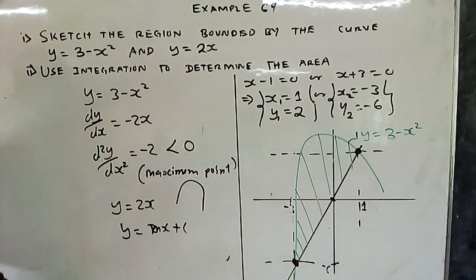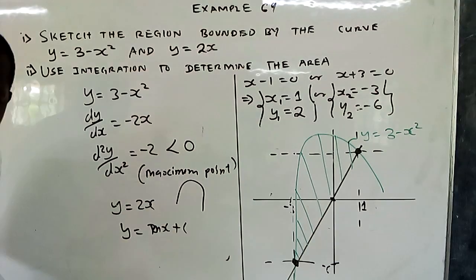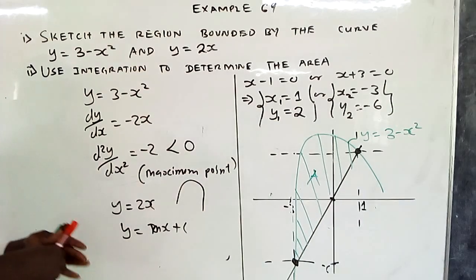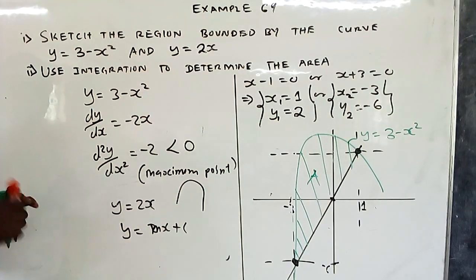Then we check, is it a maximum or is it a minimum? Is the curve turning upwards or downward? But we are not interested in what point it is turning at. Yes. Good. Now after you sketch this region, you'll be told to find the area, isn't it? So what is the area of that region?